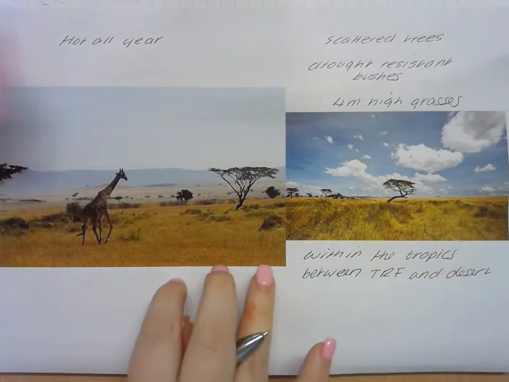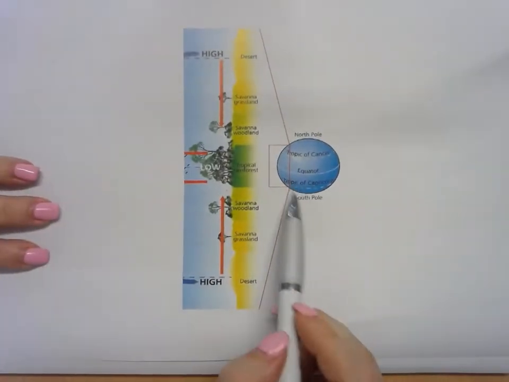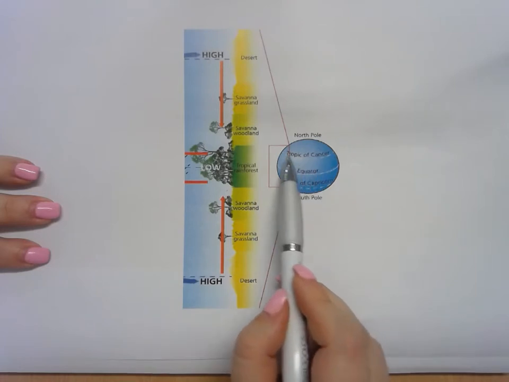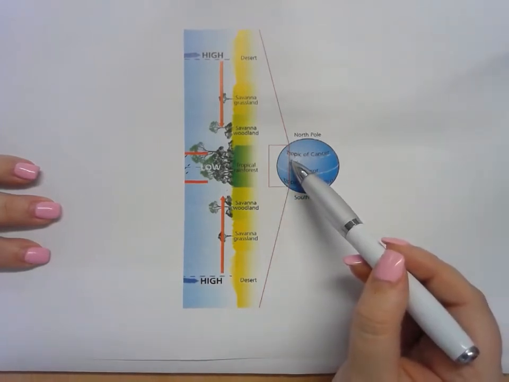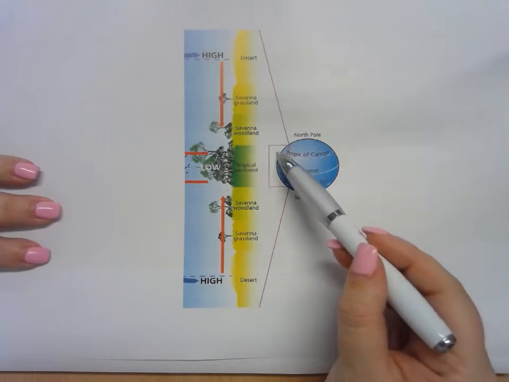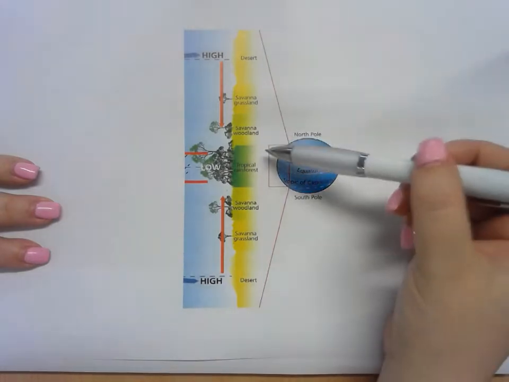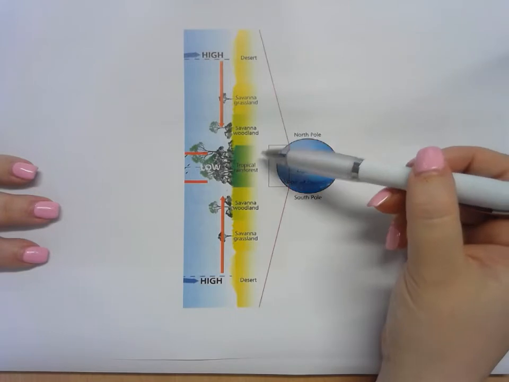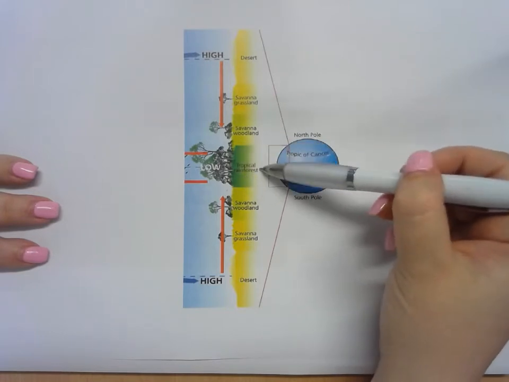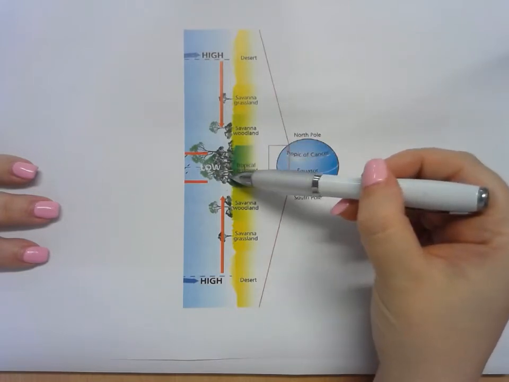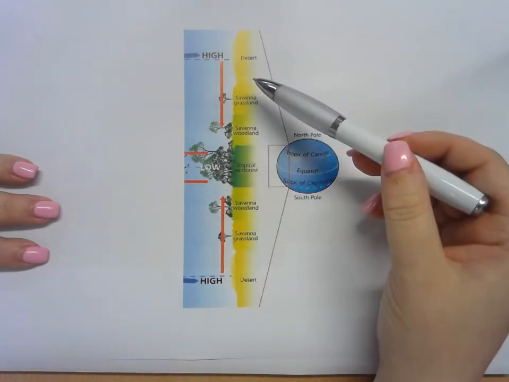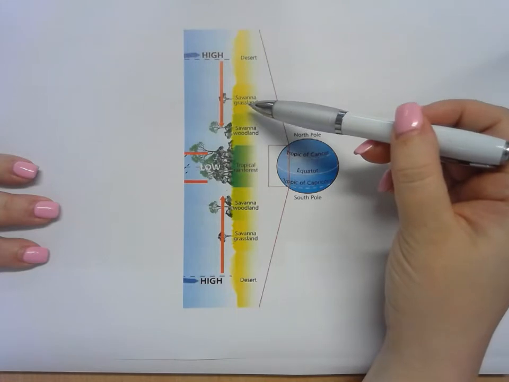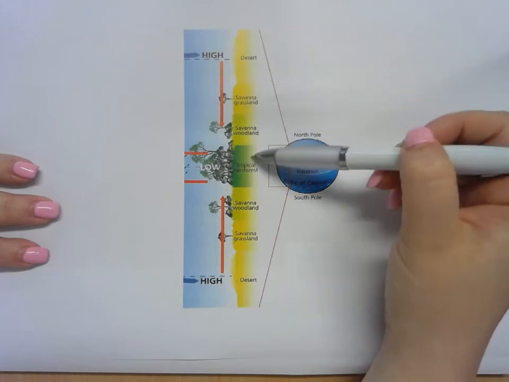So what I mean by that is, if I just show you this diagram, so here's the world, you've got the equator, Tropic of Cancer, Tropic of Capricorn, and the grasslands are found between the tropics, so in this area. Now, what it means between the tropical rainforest and the desert is, here's the tropical rainforest on the equator, and the desert's up here with little to no vegetation, and the Savannah Grassland is found in between the two.